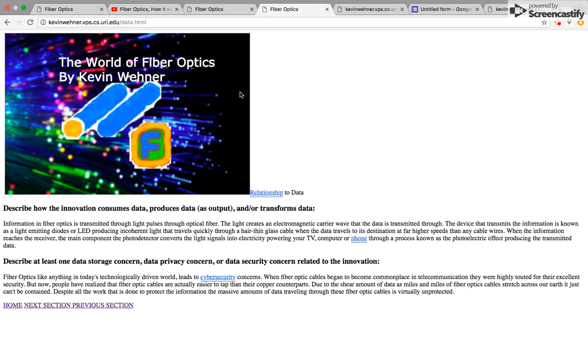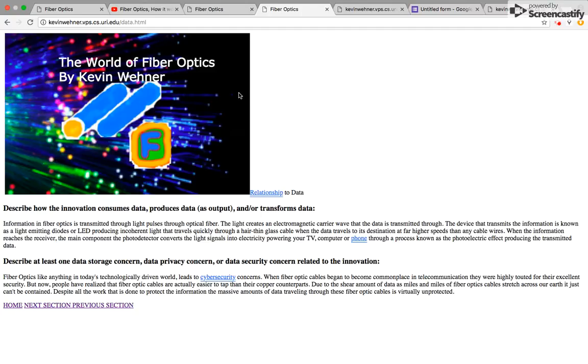Information in fiber optics is transmitted through light pulses that are incredibly fast, creates an electromagnetic wave that the data is transmitted through. The device that's transmitted is known as an LED, or light-emitting diodes, which produces incoherent light through a glass cable that gets from wherever the signal is coming from to your home.